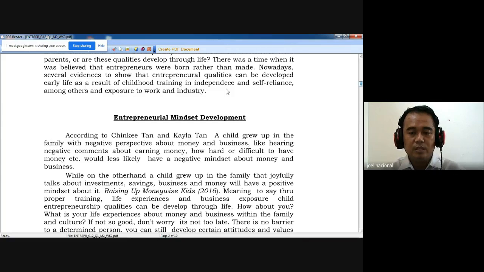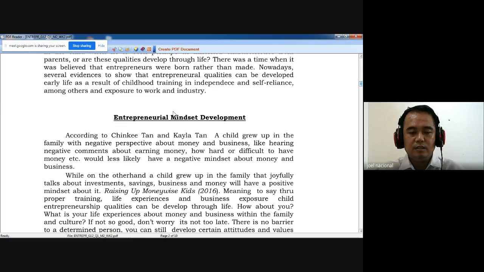As you can see here, there are different trainings from the family wherein they are trained to become an entrepreneur. It can also come from the family. So the family has a business and then it's being taught to their sons and daughters. That's why their business will be handled later on by the sons or daughters of the businessman.